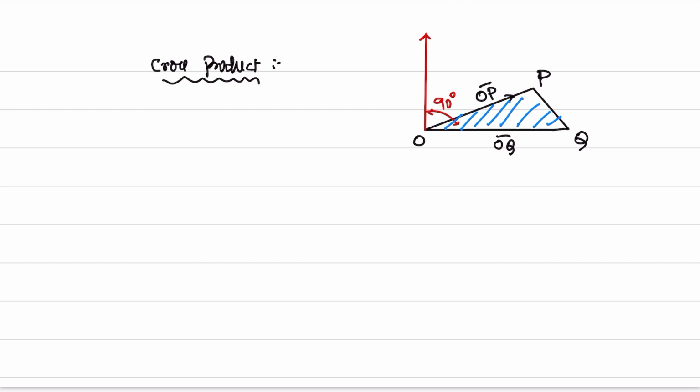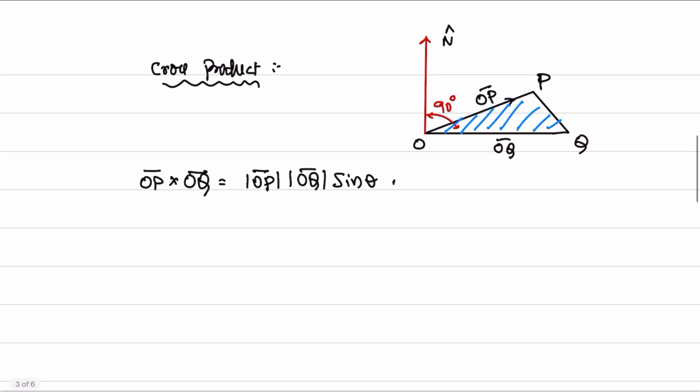If OQ is one vector and OP is another vector, then OP cross OQ is equal to the magnitude of OP, the magnitude of OQ, into sin theta into the unit vector normal to the plane of OP and OQ.